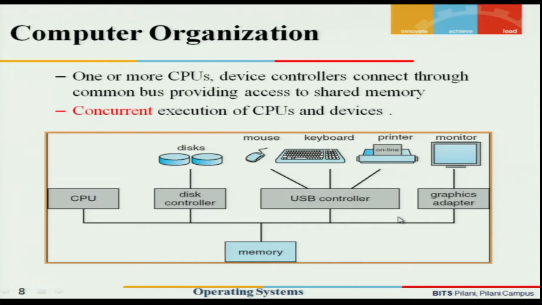Lately we also have input devices such as a mouse and keyboard, which get connected through a USB port, and for handling the connection, a USB controller is required. Similarly, the monitor is connected through a graphic adapter. So all these devices and memory connect to each other through a common bus.